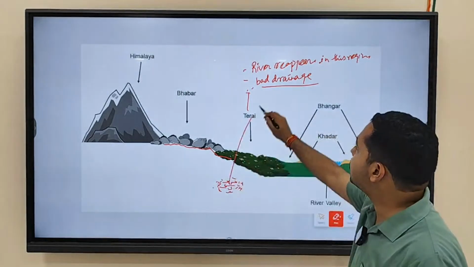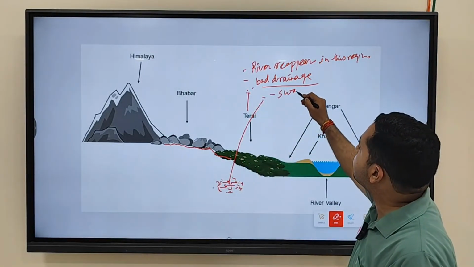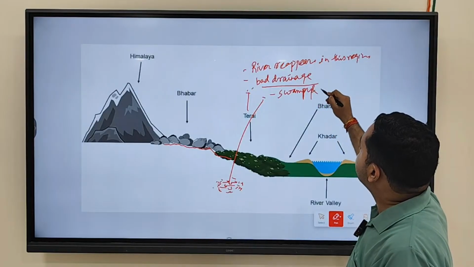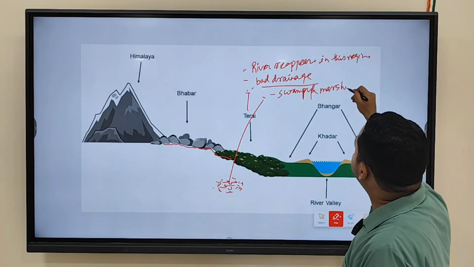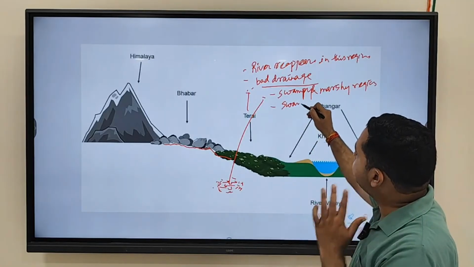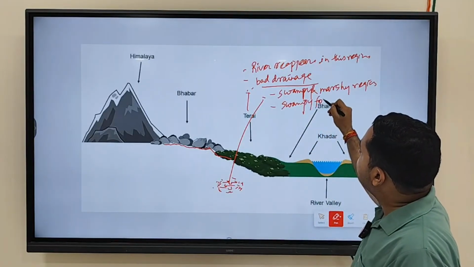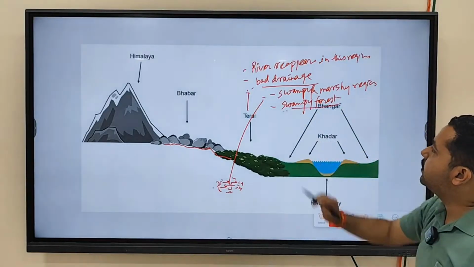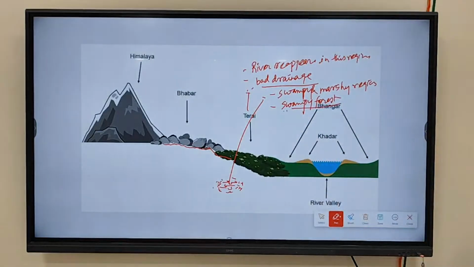So that's why this region is referred to as a swampy or marshy region. You can see a lot of swampy forest in this region.